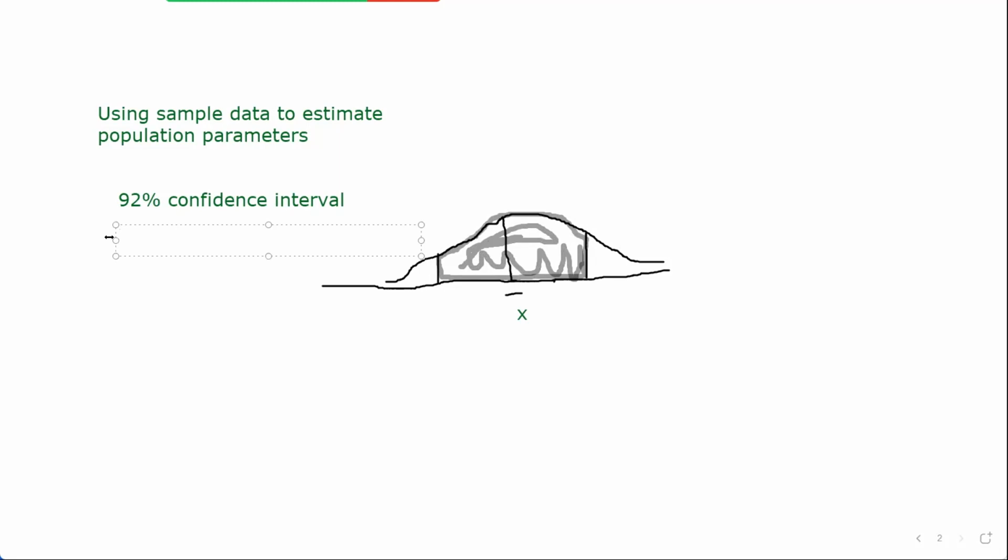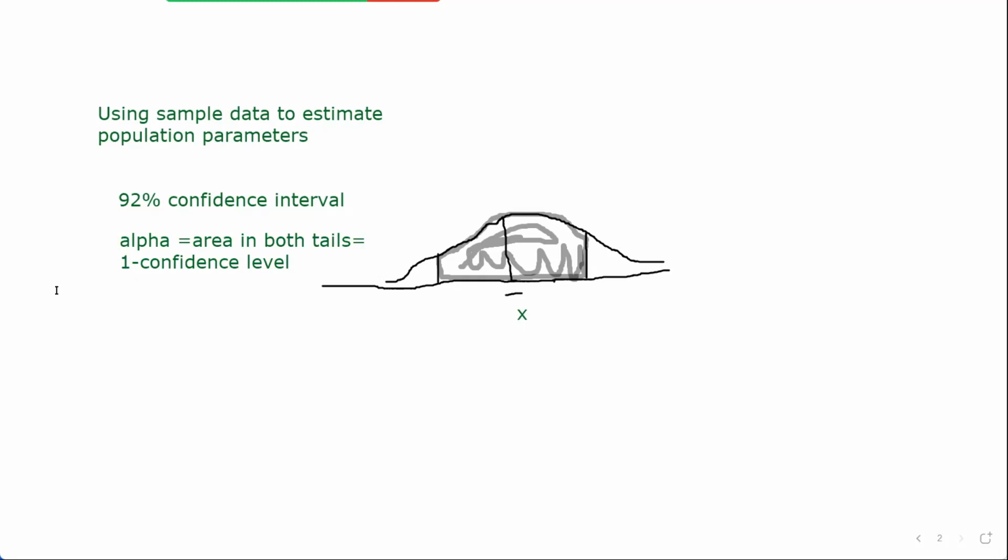So the first point I want to make, and this should help you, Alejandra, is that my alpha, which we'll come back to, my alpha, which is my area in both tails, is equal to 1 minus the confidence level. Always. Alpha is 1 minus the confidence level.